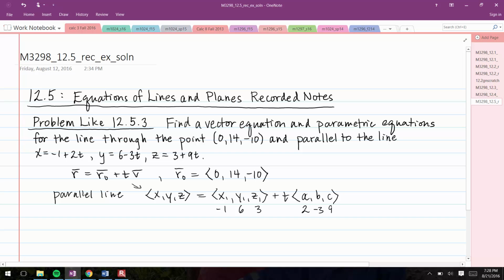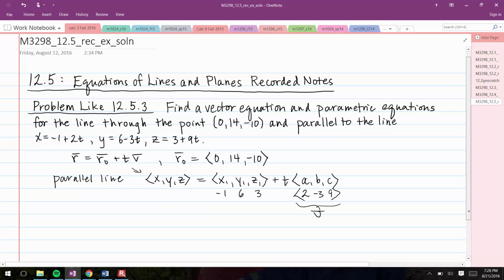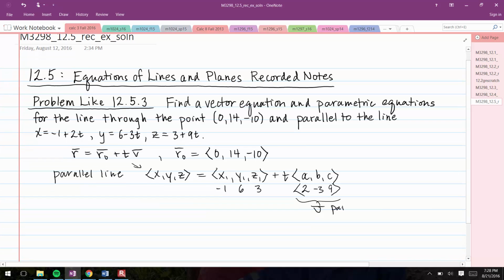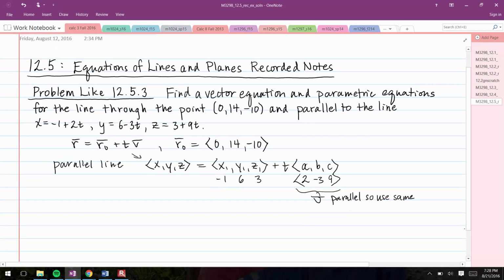So we're going to use this right here as our v for our line. I'll just write a note here: parallel, so can use the same. Now there's other vectors parallel to this, but there's others that exist, and we might as well just use that one.